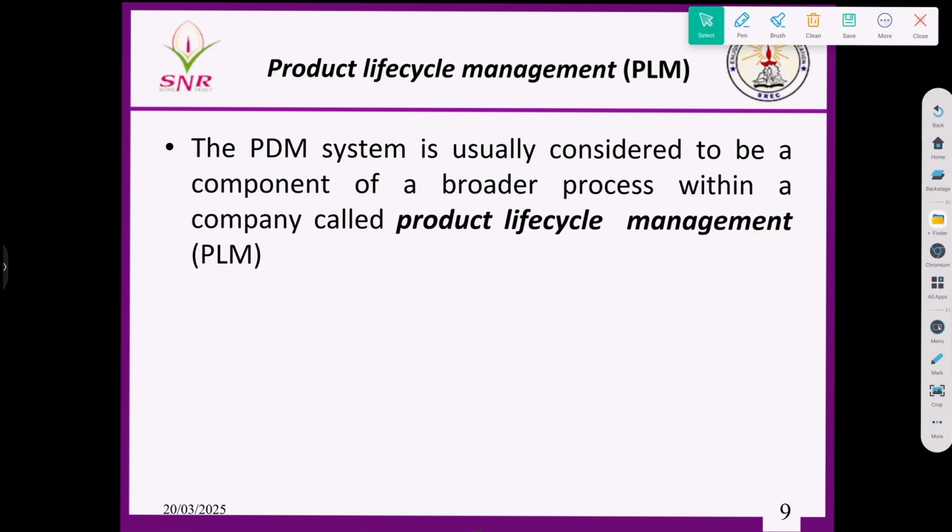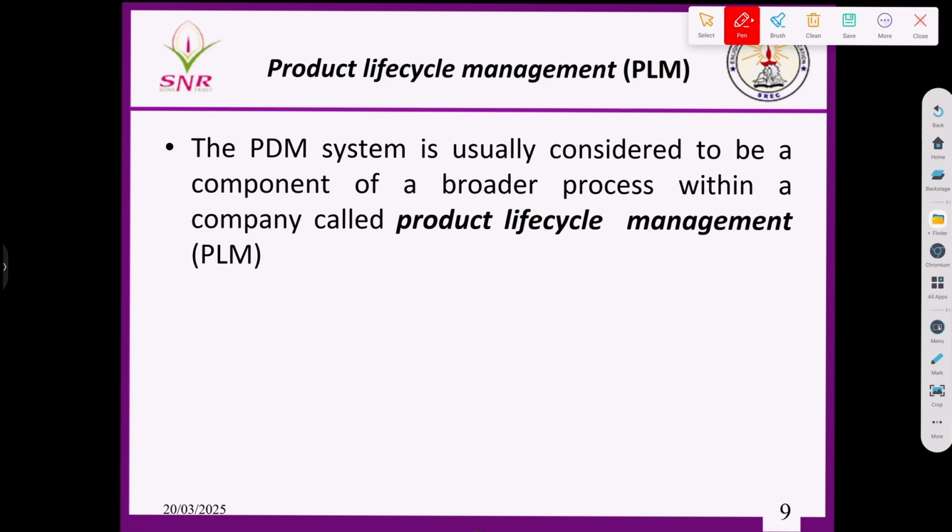So once this product has been successfully designed and manufactured, this product will be launched for usage at the consumer's end. And now there is another concept which manages the life cycle of the product at the consumer's end from a manufacturer's perspective.